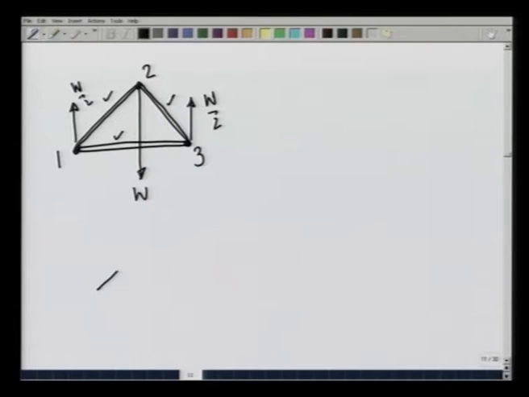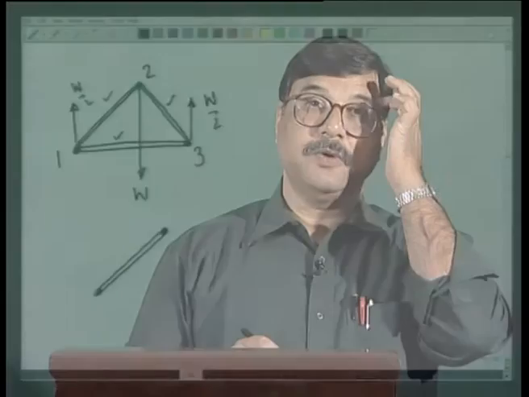Let us look at rod 1, 2. It is in equilibrium under the forces that are applied on it by this pin here and this pin here, only 2 forces. And remember what I said in the beginning of the lecture, that if a body is in equilibrium under two forces, those forces are collinear.